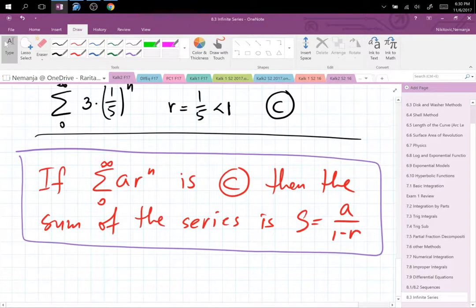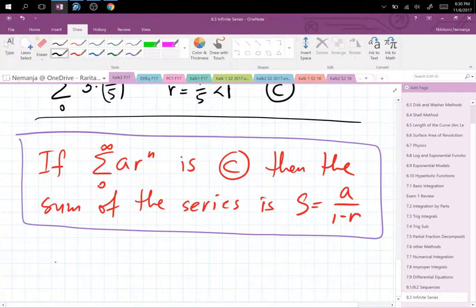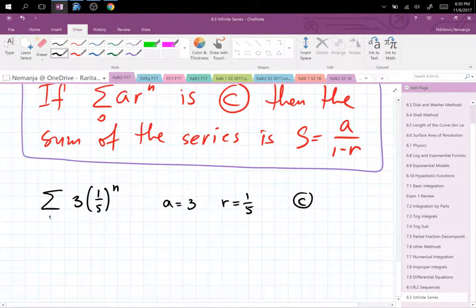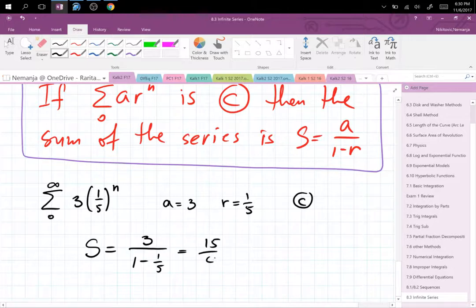So now, if I take this problem, which stated 3 times 1/5 to the n, which was convergent, you have that a is equal to 3, r is equal to 1/5. We know it converges, right? We can compute the sum. And now the sum is going to be S equals a, which is 3, divided by 1 minus 1/5, which is 15/4.